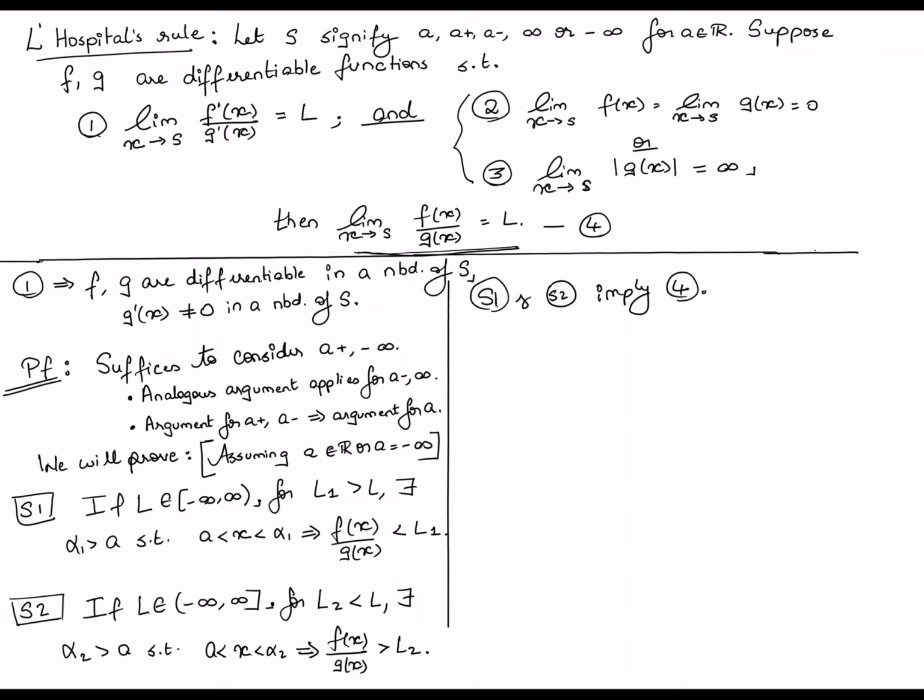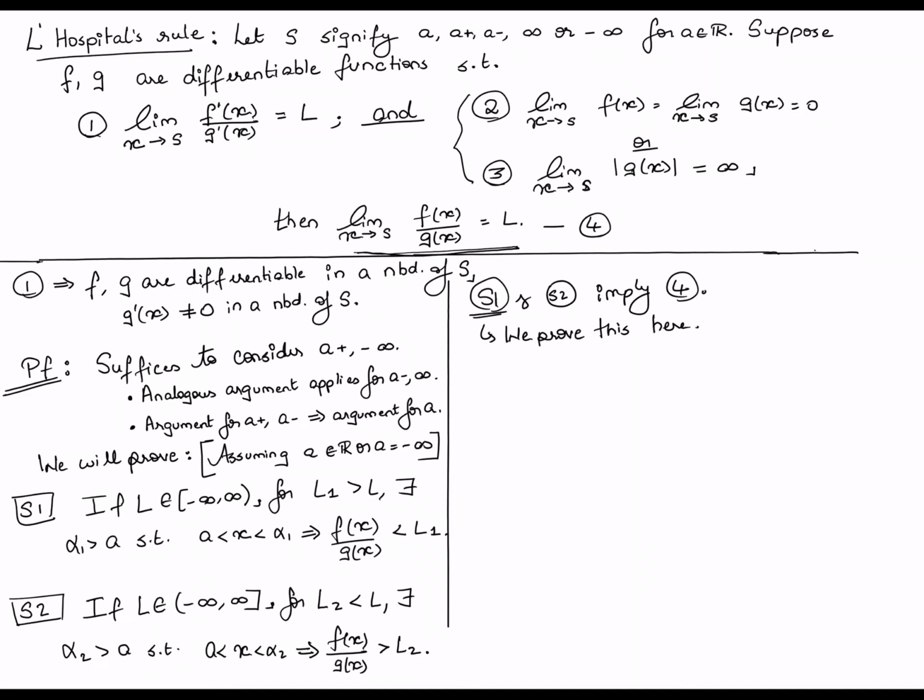And moreover, we will focus only on S1. Right, the argument for S2 is also analogous. So if I just prove S1, that's sufficient. All right. So our goal in the remainder of this proof is to basically prove statement S1.